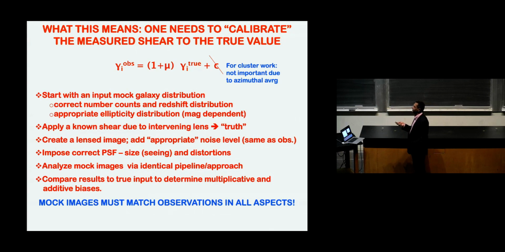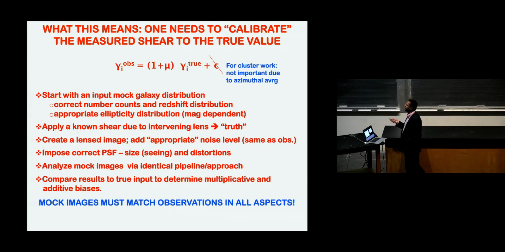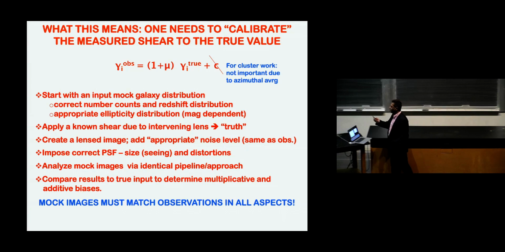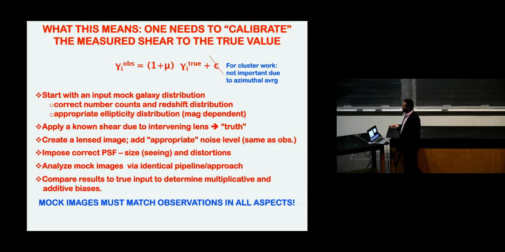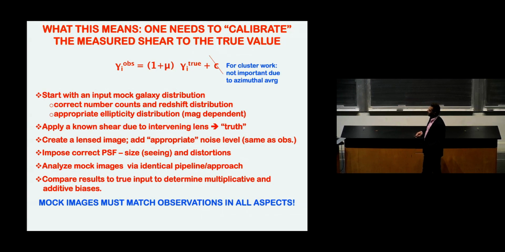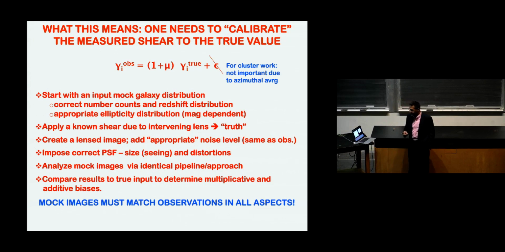But the basic idea is that you start with some mock galaxy distribution that has roughly the right number counts and distribution as a function of distance, and has an appropriate ellipticity distribution for galaxies in the absence of lensing. You apply some known shear. You have an image that has now been distorted. You know what the shear is, so you know what the truth is. You calculate what the lensed image is.